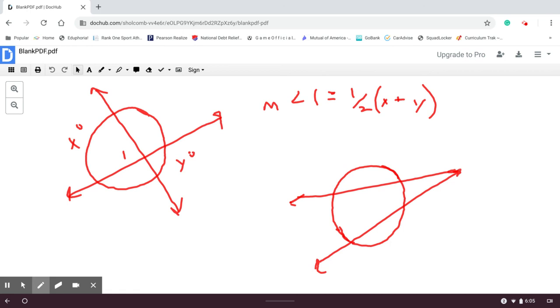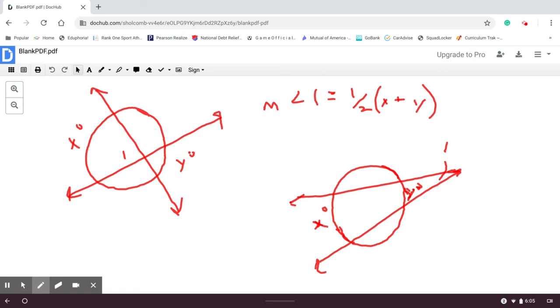In the first case, if you take x degrees here, and I'll state the rule as I put it in here. Here is the measure of angle 1. So there's angle 1 right in that. And then y degrees is here. Having trouble getting my stylus to work right here. So there's y, here's x over here.